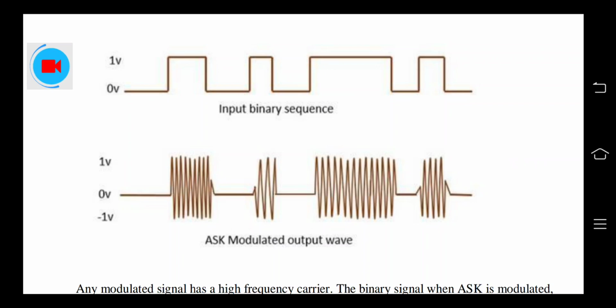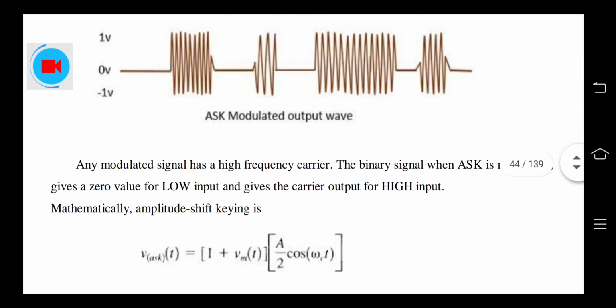When the input is high, the amplitude will be increased. When the input is zero level, the amplitude will be at a stable condition. Once again, when the input is high, the amplitude increases, that is 1 and 0. So input 1 gives output 1, and input 0 gives output 0. This is the ASK modulation output waveform.